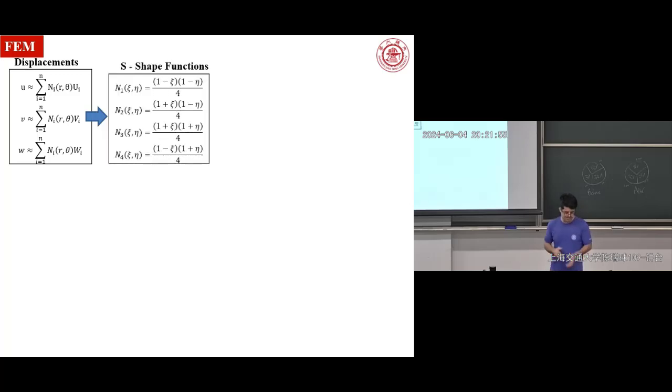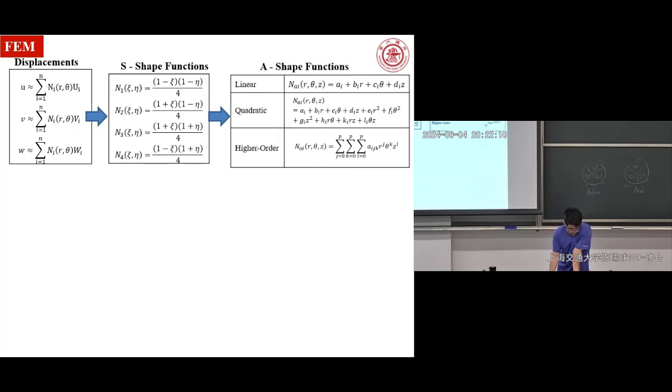So this is the estimation for displacements by shape functions. These S shape functions mean the structural shape functions for just the structure. And also acoustical shape functions are defined by mathematical equations such as linear, quadratic, or higher order, as you can see.